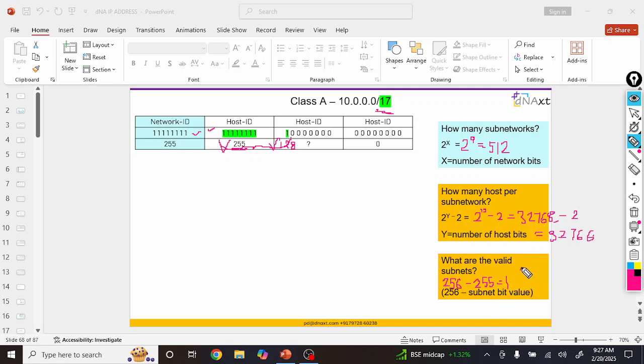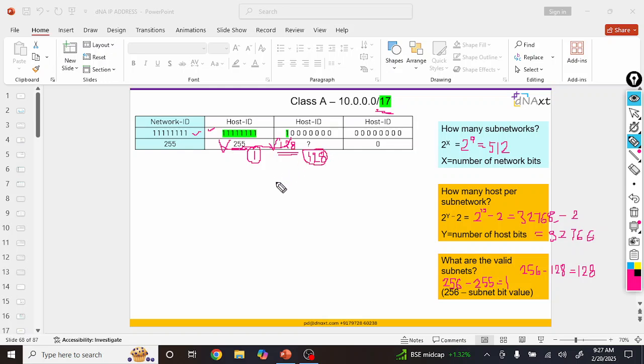And 256 minus 128 is equal to 128, so an increment of 128 will be there in the third octet. So here there is an increment of 1 and here there is an increment of 128.